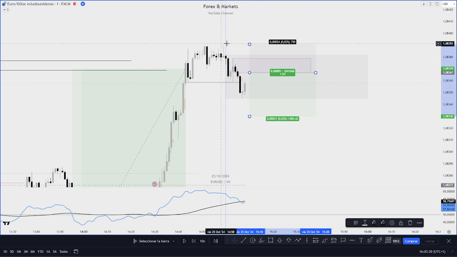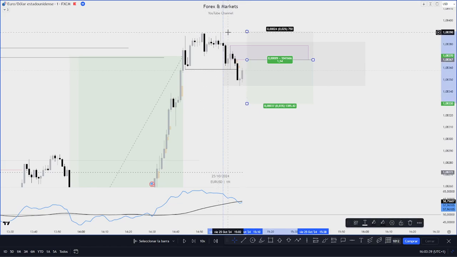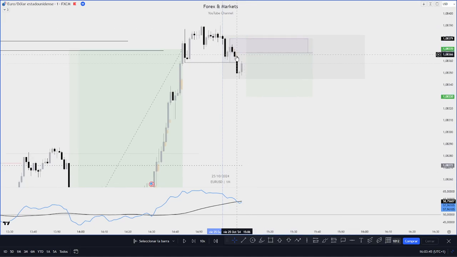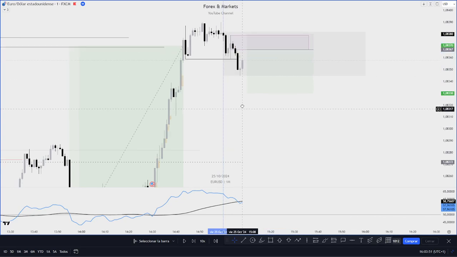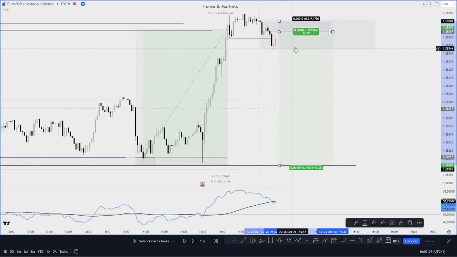Okay, this would be the safest approach, but if you are already in profit from the day, you can cover your entry like this because you would be already covering the POI with imbalance, and you would actually get a higher ratio.